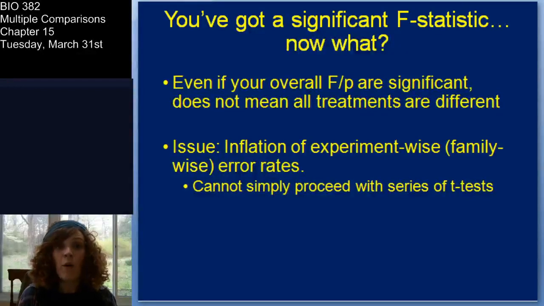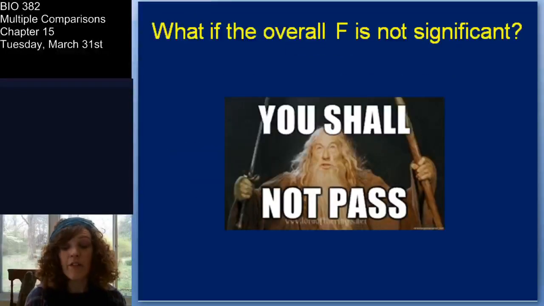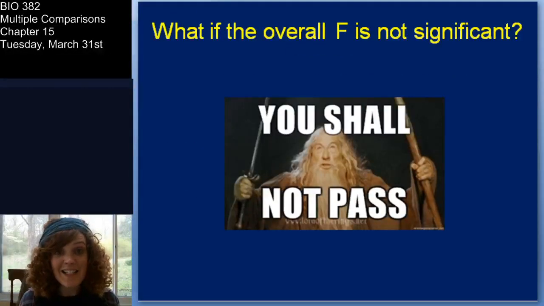Well, that is a family of tests, essentially tests on the same data set, and you are dealing with an experiment-wise error rate. Basically, the more tests you run, the higher your likelihood of committing a type 1 error, or a false positive, okay?